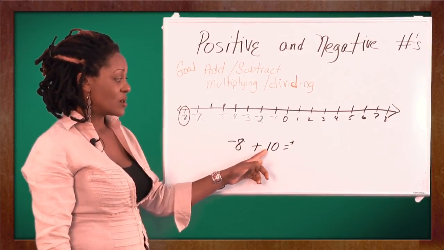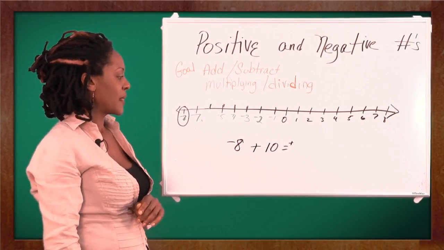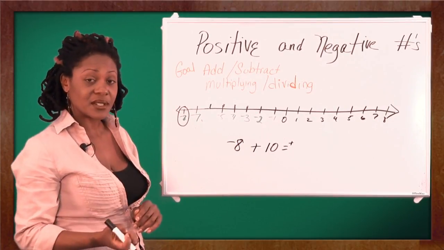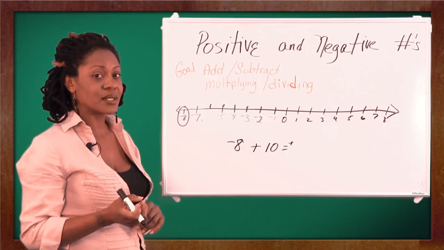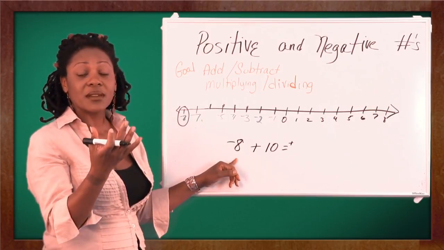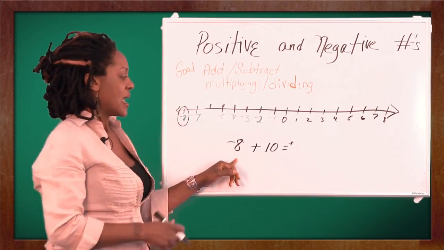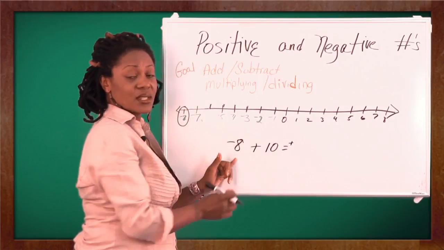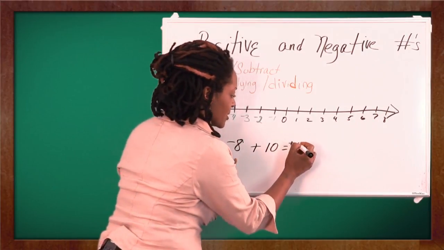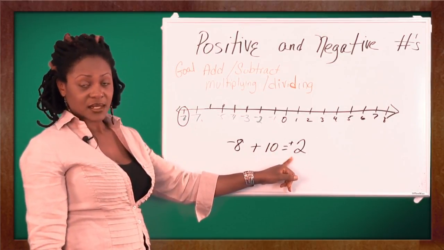Okay, and even when you don't see a plus, we know that that number is still positive. So again, we take the difference between the two numbers. The difference means we're subtracting. 10 minus 8, or the greater number minus the smaller number. And our answer, the difference between these two numbers is 2, sorry. And here we are, +2.